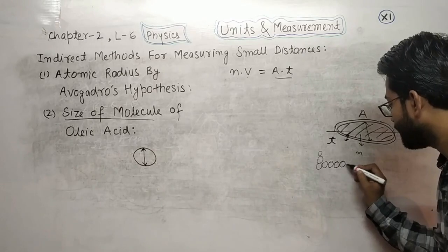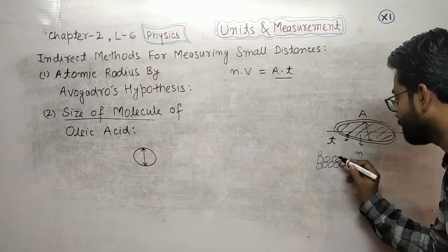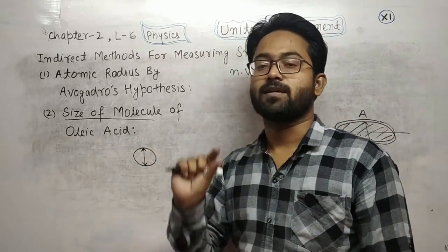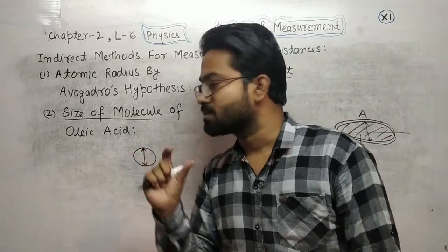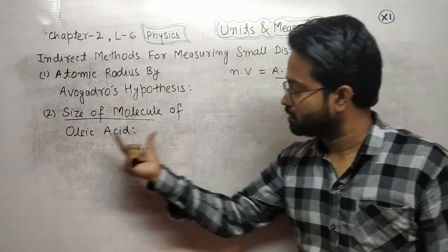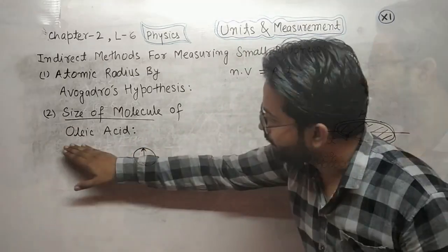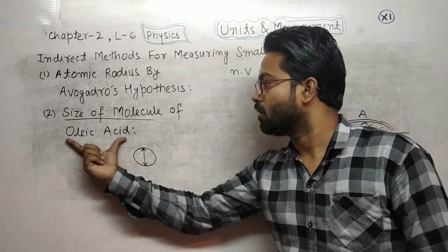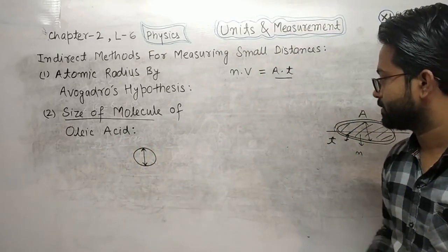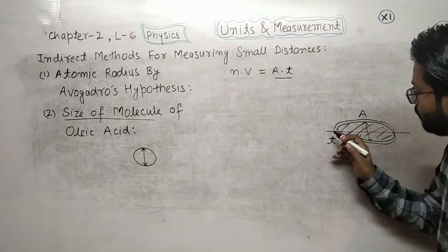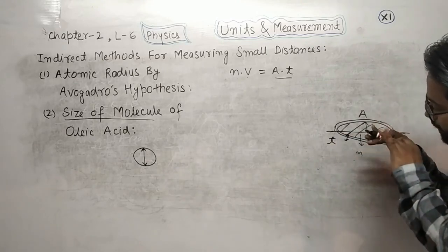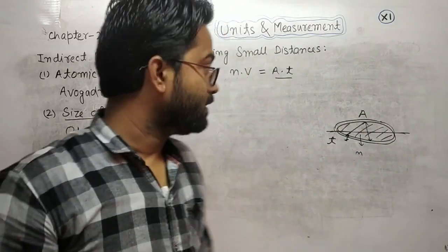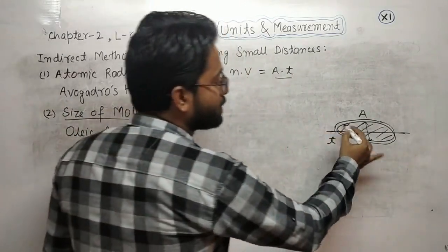It will collect like that, because it is soapy, or you can say that oleic acid is viscous. And if we mix some alcohol with the oleic acid, then it will spread on the water very smoothly, and that solution will make a unilayer.